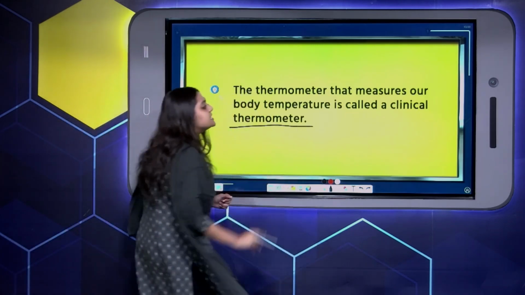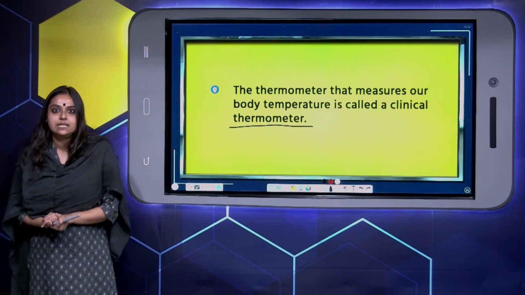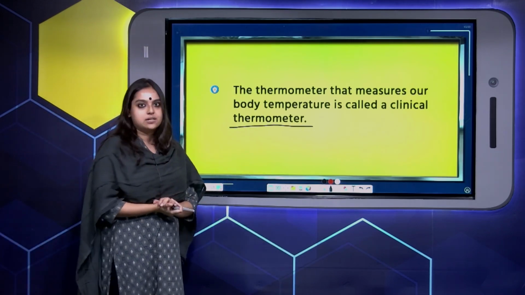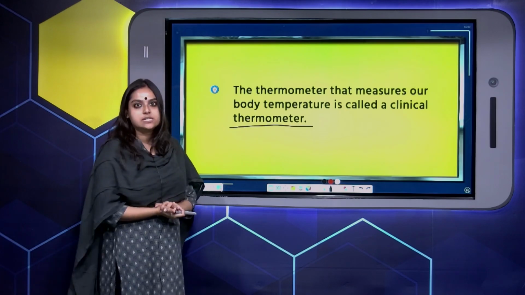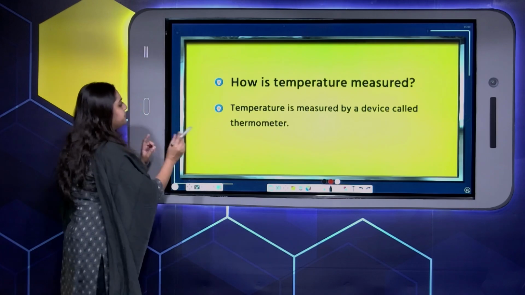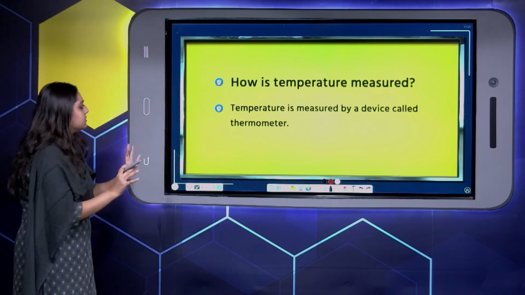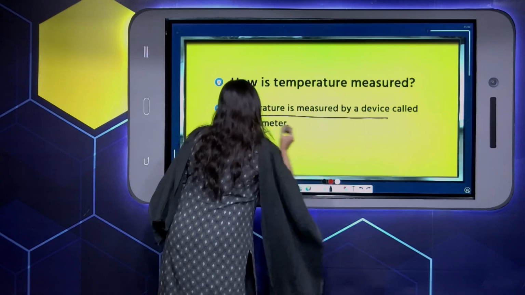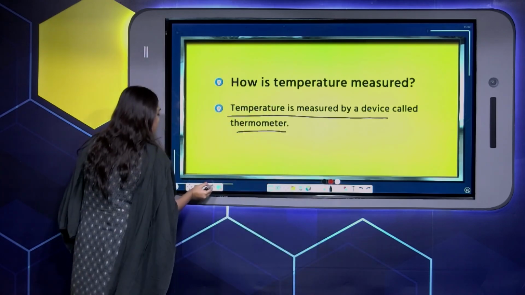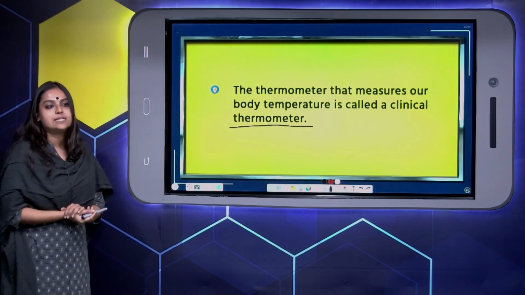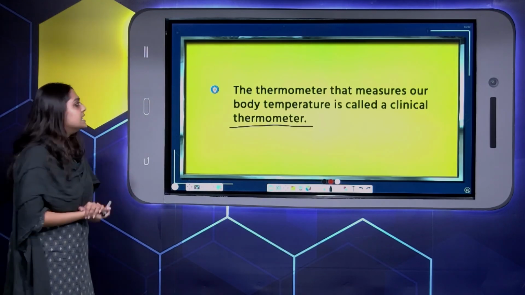So, thermometer is basically an instrument that measures temperature. Temperature is measured by a device called thermometer. I went to the next slide first because I was giving you the example on fever.